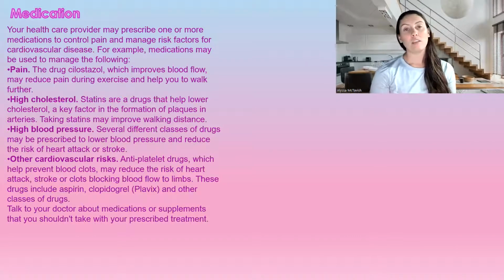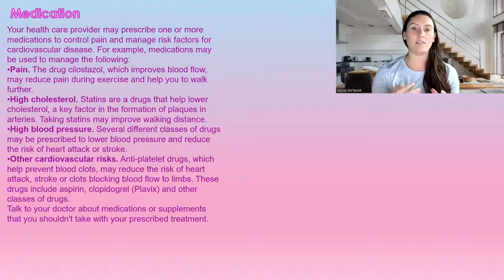So for pain, they can give you pain medication to help increase blood flow to the area while you're walking. If you have high cholesterol, they'll give you a statin. High blood pressure, like these are all things that we need medication for, and to be able to control, to prevent further complications and worsening of the disease. Okay.